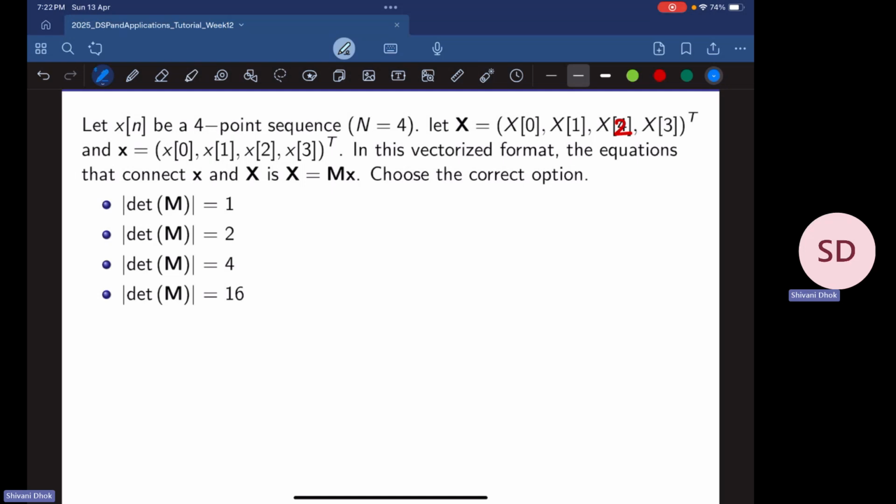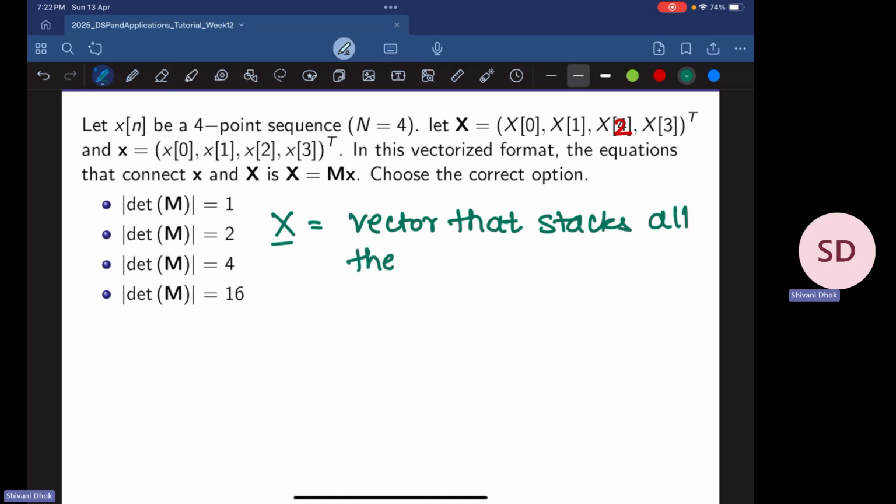So this X is basically a vector that stacks the 4-point DFT of the signal x of n. I'll denote X vector with an underscore for the particular alphabet. So this is basically a vector that stacks all the 4 values of the 4-point DFT.